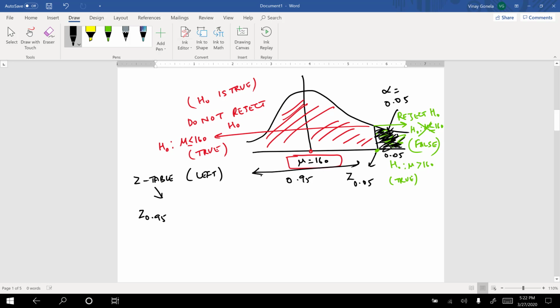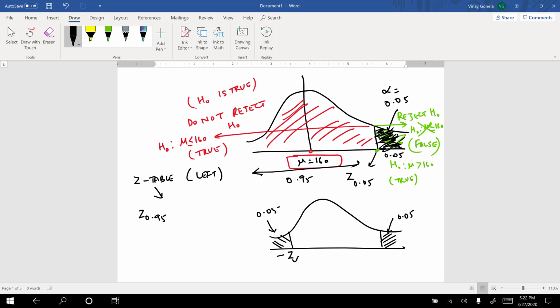The other way is, since I know this is 0.05, I look up 0.05 on this side, get the negative z alpha value, and then take the positive of that number.